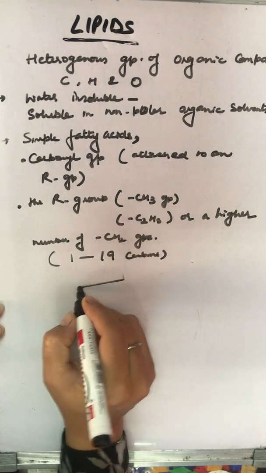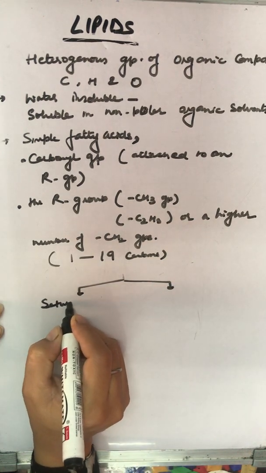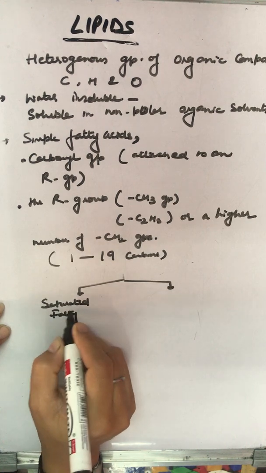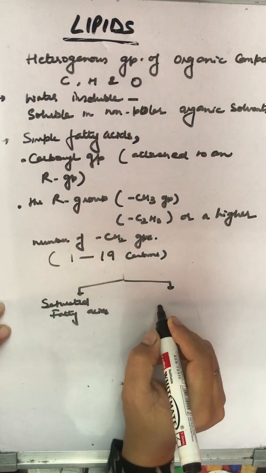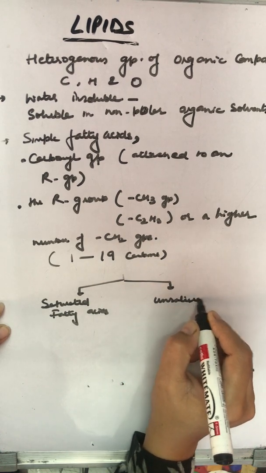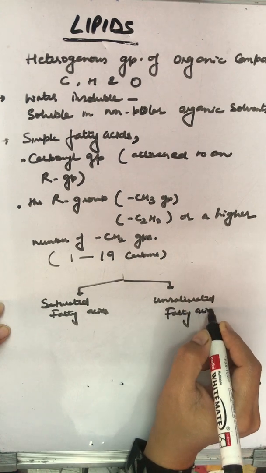Then we categorize them into their types. These are of two types. Saturated fatty acids we say, and unsaturated fatty acids.